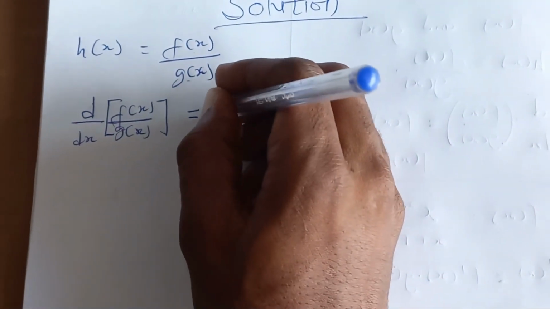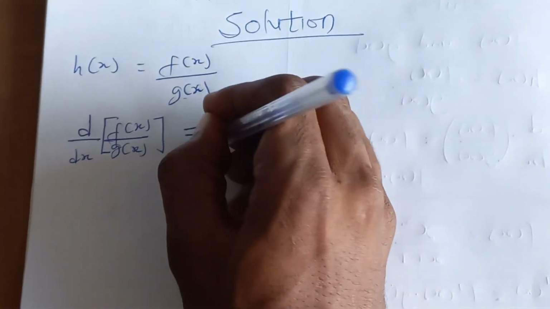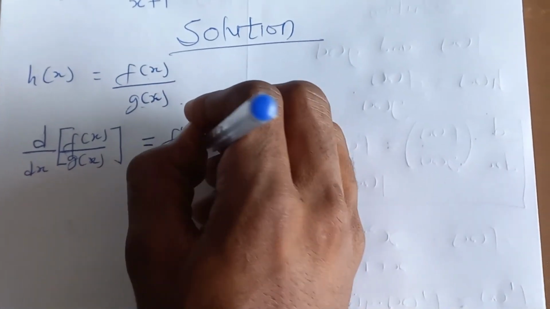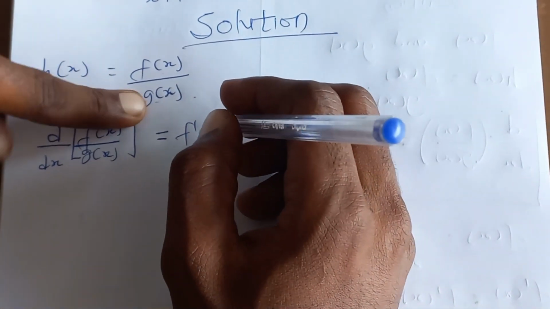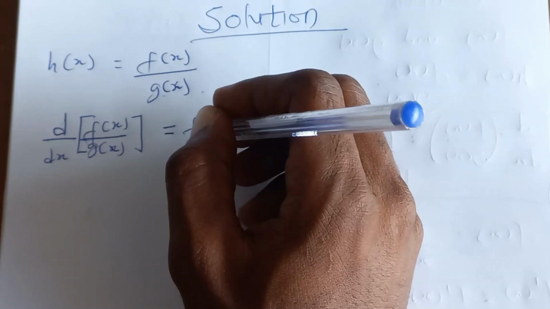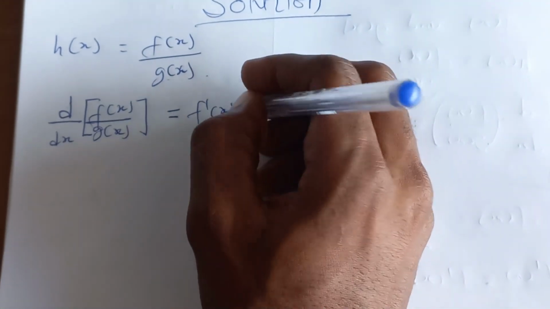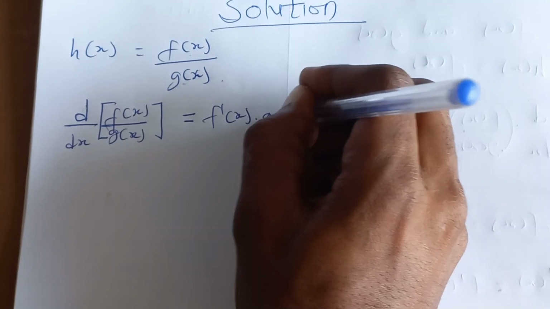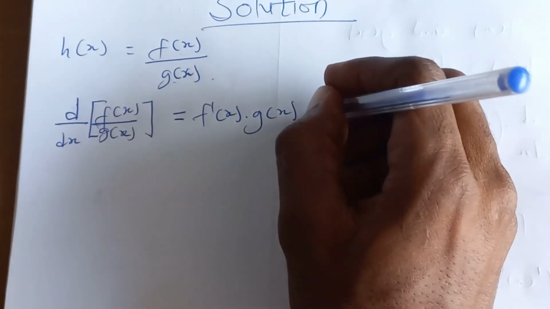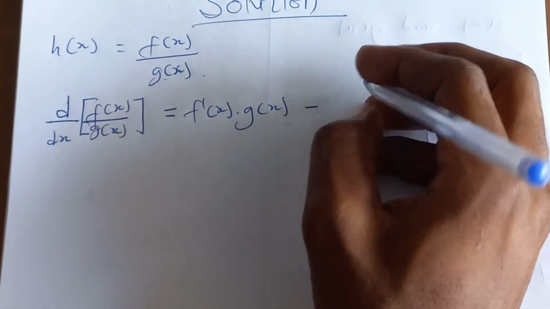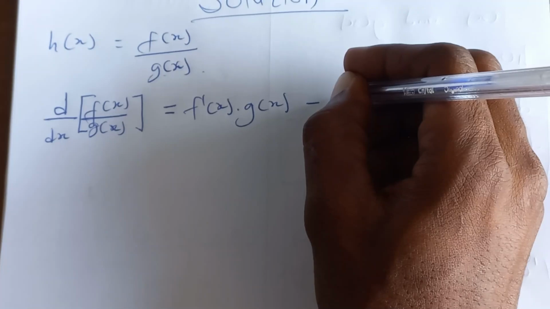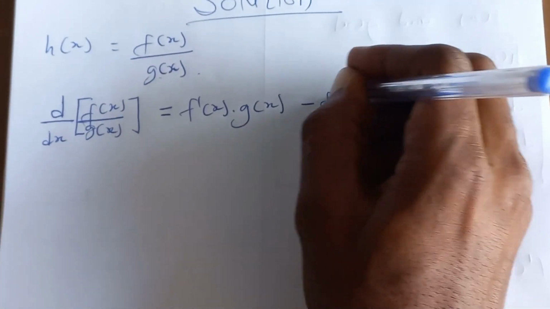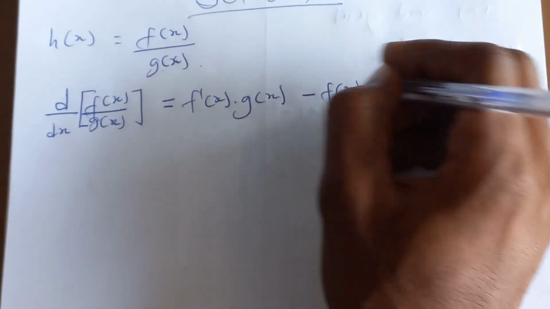First of all, you differentiate the numerator, so f prime of x, you hold the denominator and multiply by g of x.